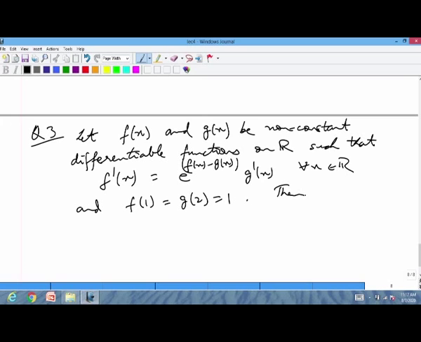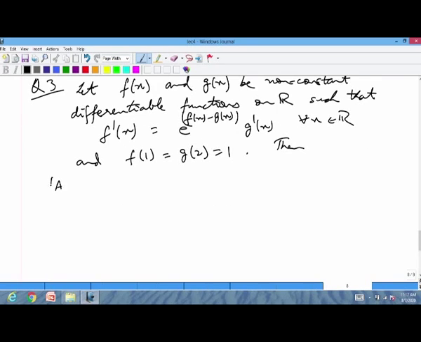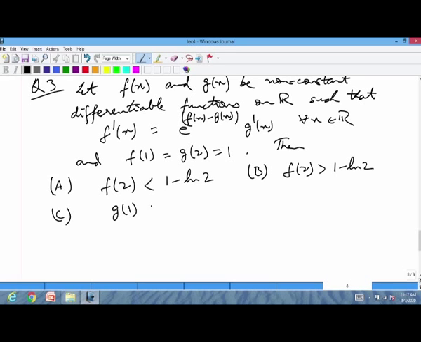Then: a, f of 2 is less than 1 minus natural log of 2; b, f of 2 is bigger than 1 minus log 2; c, g of 1 is bigger than 1 minus log 2; and d, g of 1 is less than 1 minus log 2.